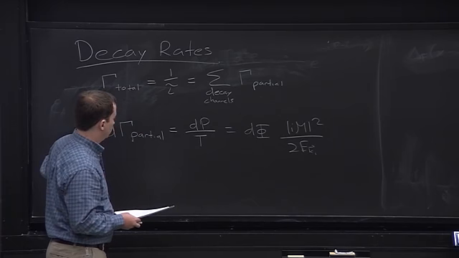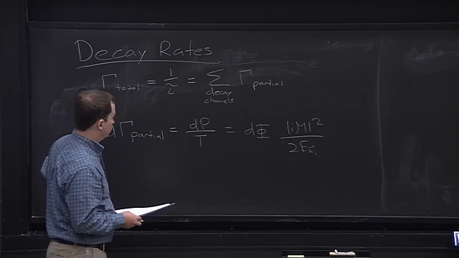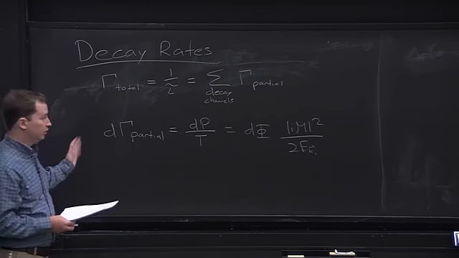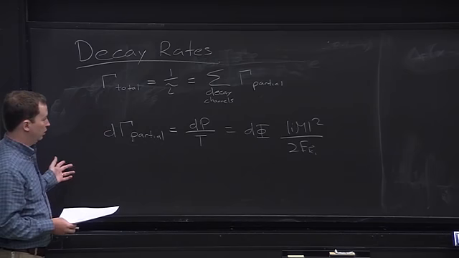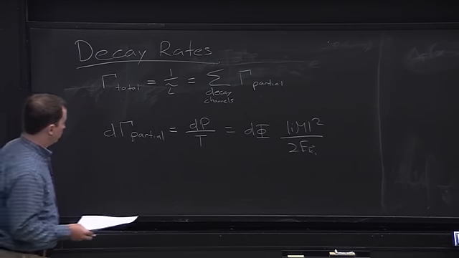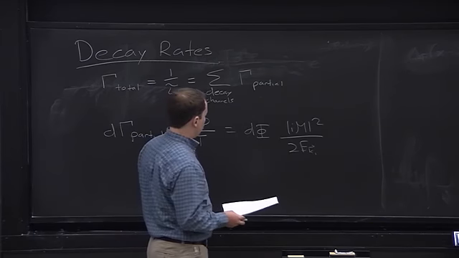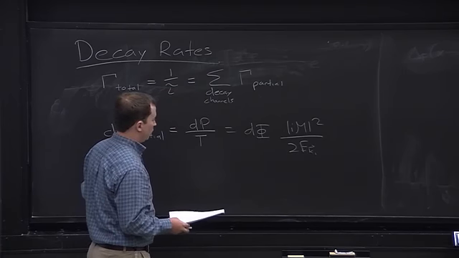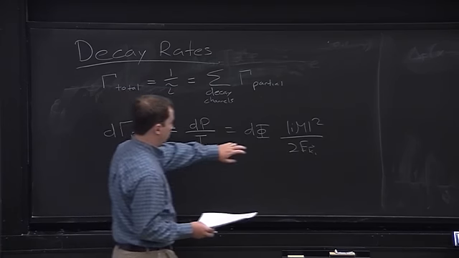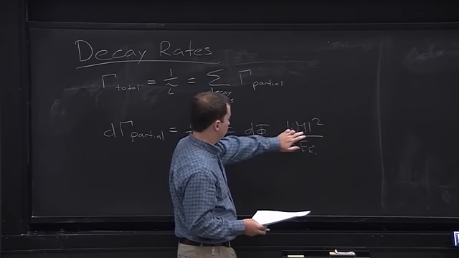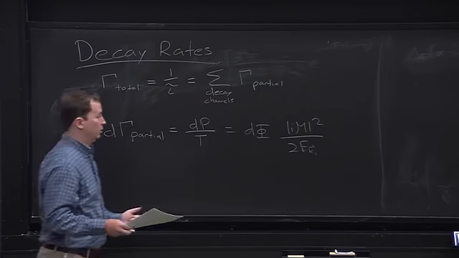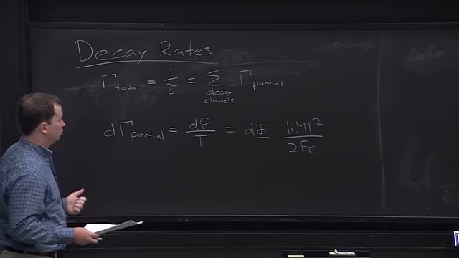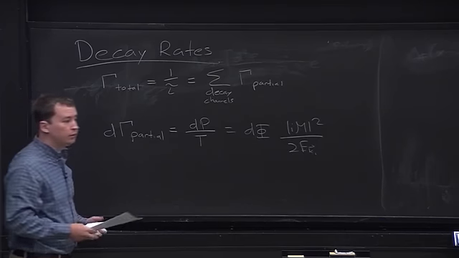And you might worry about putting an unstable particle in an initial state in the asymptotic past. But as we'll see when we actually calculate these matrix elements, we're going to assume that all of our interactions occur in a finite time, and so it'll all work out.